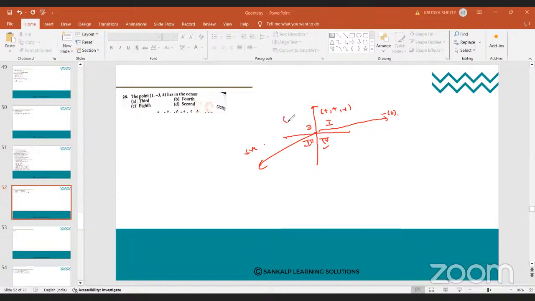So this will be again minus, plus, and minus, plus, and plus. Okay, so this is minus, minus, and plus, and this will be plus, minus, and plus. See which of these octants. See, 1, minus 4, 1, two plus signs and one negative sign. So it will lie in which octant? Fourth octant. Okay, so answer B will be the right option.